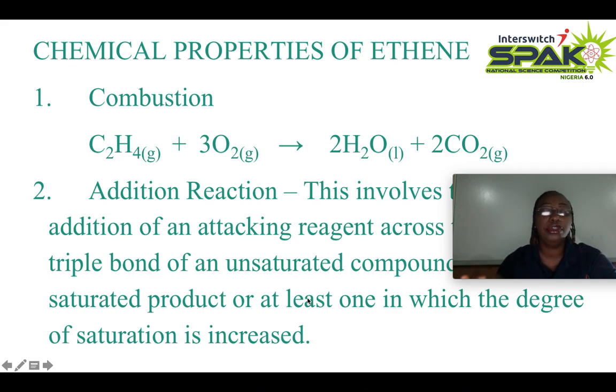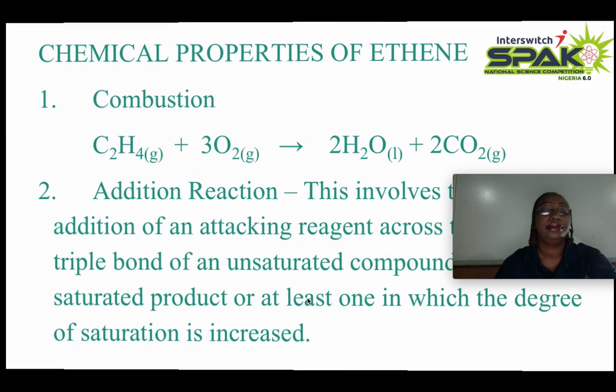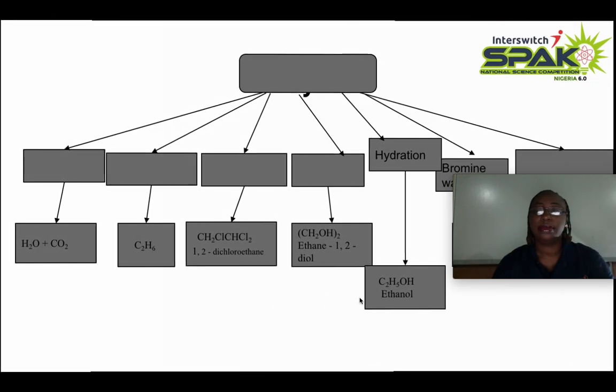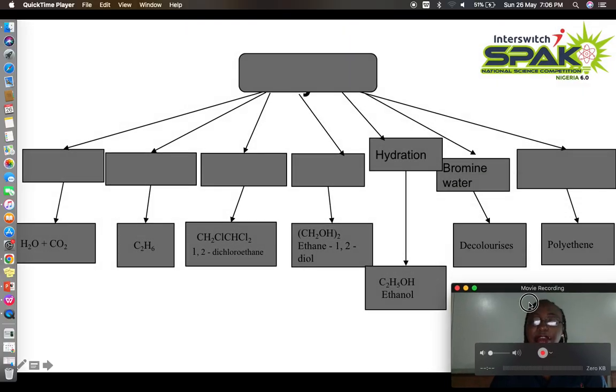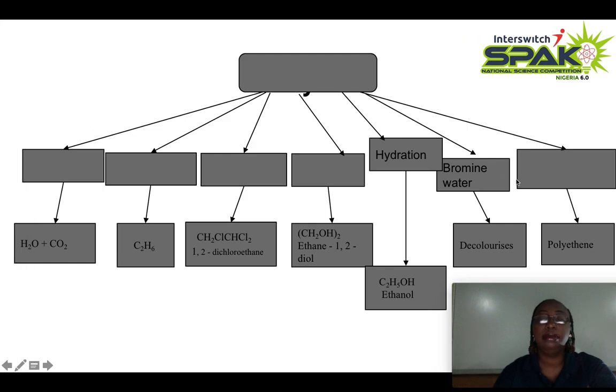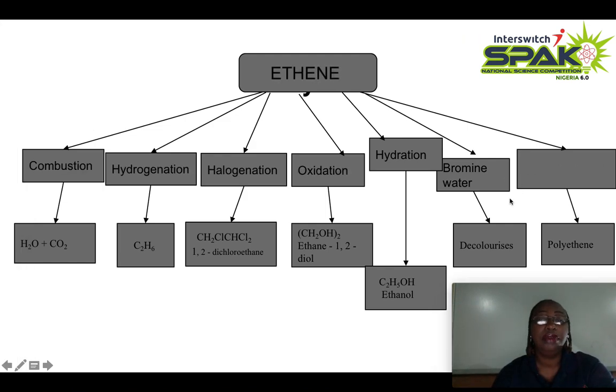This is like a flow chart of the reactions that ethene undergoes. Ethene undergoes combustion to give water and CO2. Ethene undergoes hydrogenation in the presence of nickel as catalyst to give ethane.